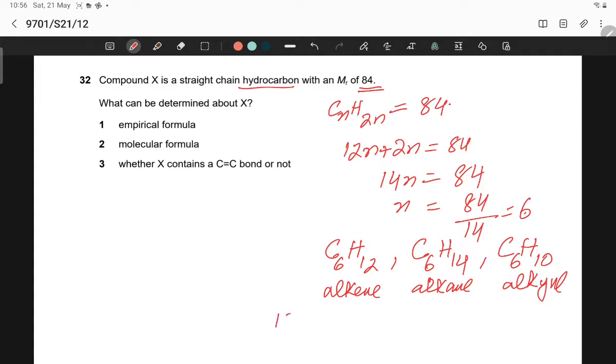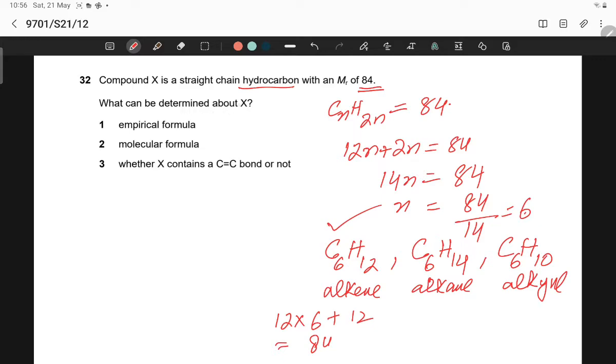C6, carbon 12 into 6 is equal to 72 plus 12. So plus 12 is equal to 84. The Mr is 84, so alkene is the correct option.